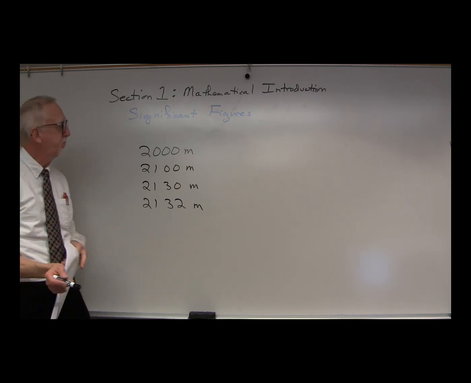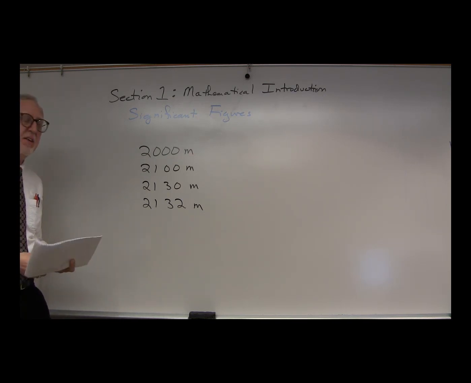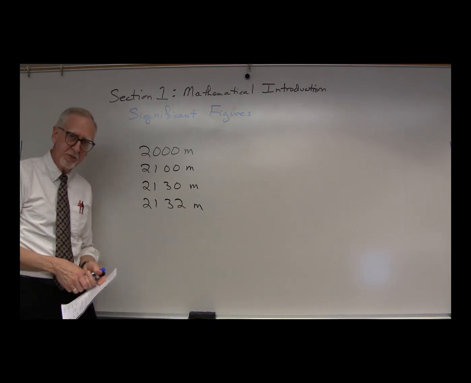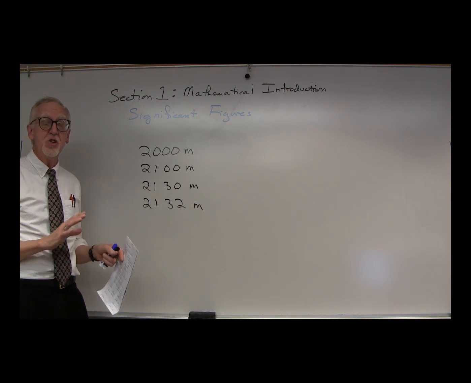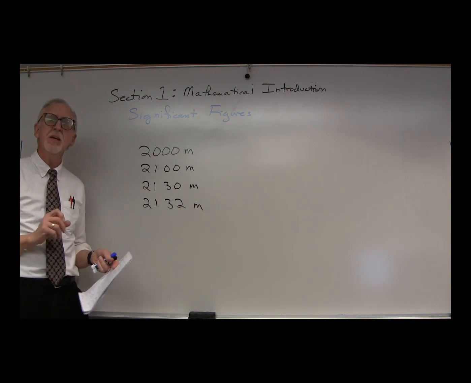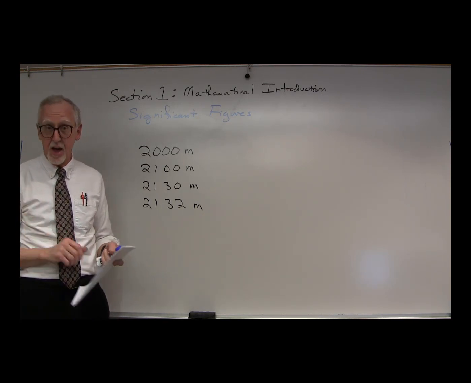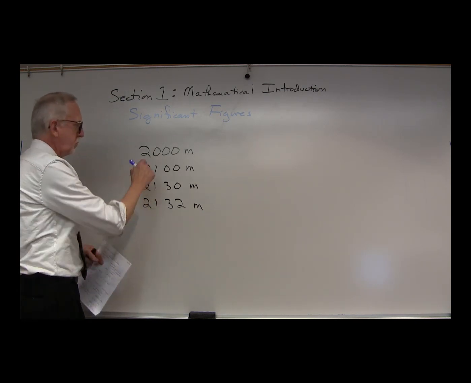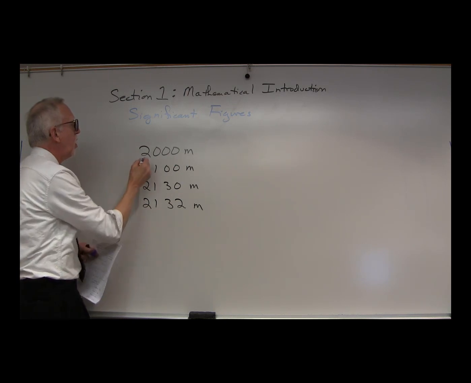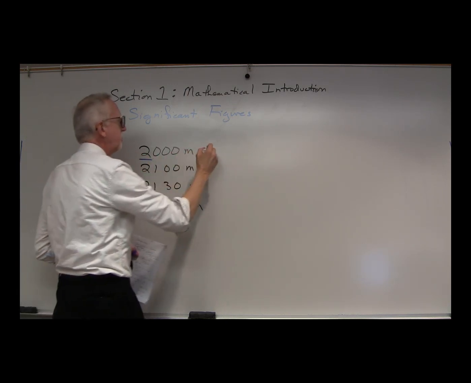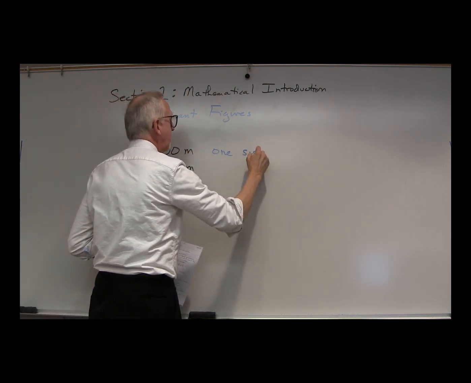Now, what is the difference between these 4 values? Well, we would say that these have different precisions, and a very easy way of talking about the precision of a number is how many significant figures it has. We will say that this number, 2,000, has 1 significant figure.